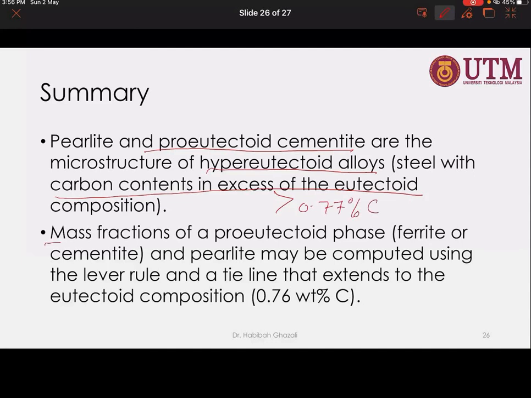The mass fractions of proeutectoid phase and pearlite may be computed using the lever rule and a tie line that extends to the eutectoid composition. Okay, so this makes it consistent. It is 0.77. Sometimes in reference books you can see it written as 0.76, sometimes 0.77, sometimes 0.8. They rounded the number.